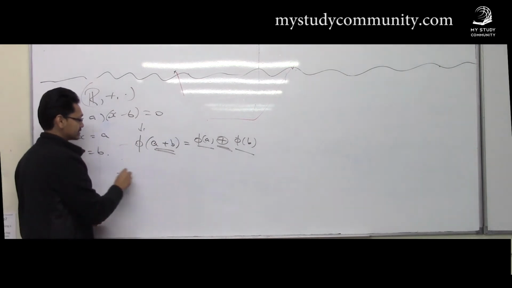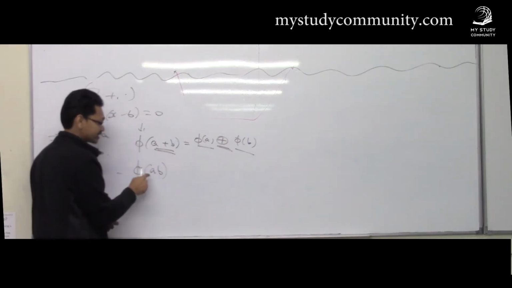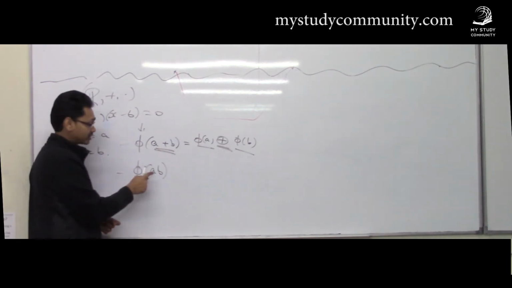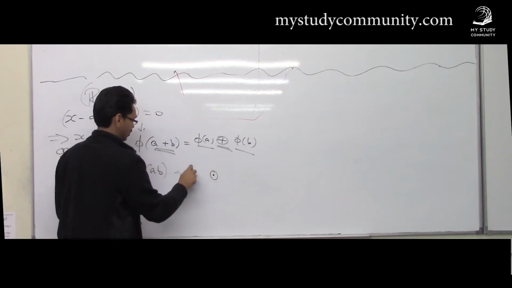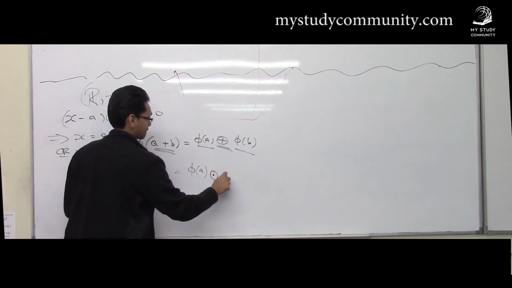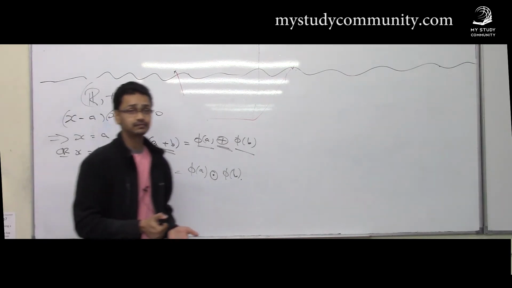The second one is that the image of the product is the product of the images. And this has to happen for all a and b in the domain.